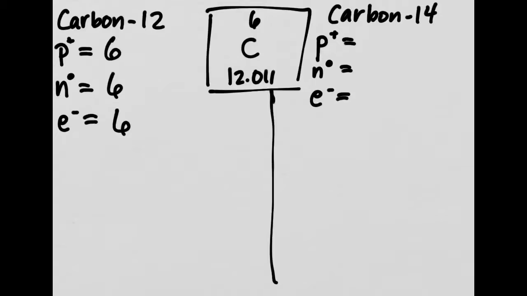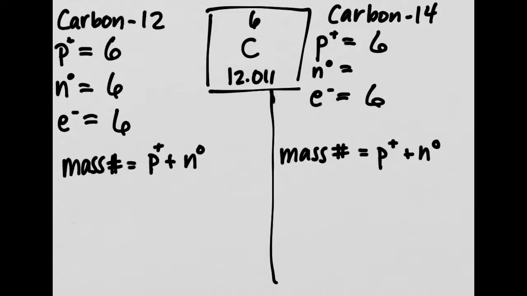And if we were to change the number of protons in an atom, we wouldn't really be dealing with the same element anymore. So we know that the number of protons in carbon-14 is also 6. And we know that the number of electrons in carbon-14 is also 6 because both are neutral atoms. If I say atom, I mean neutral. If I say ion, I mean charged. And that's something we're going to talk about in our next video.